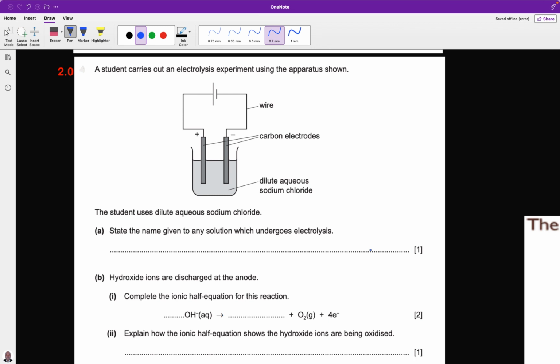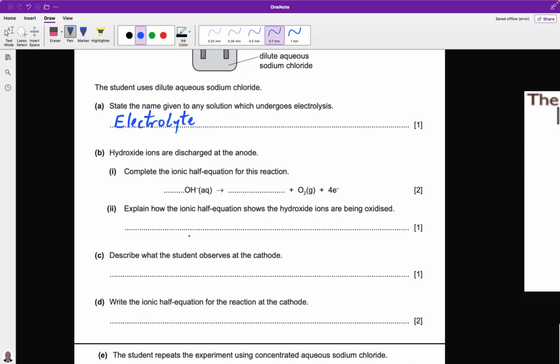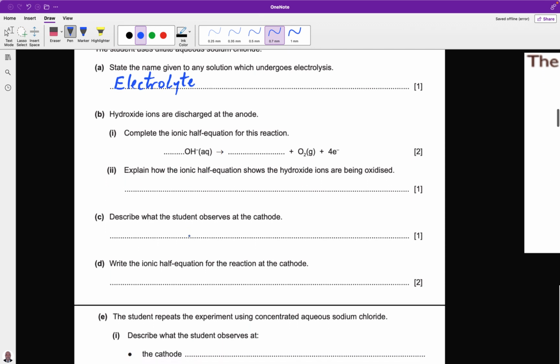So that type of solution which will undergo this process is called what? It's an electrolyte. This solution here is an electrolyte. So we give the name electrolyte. That is the name that has been given, electrolyte.